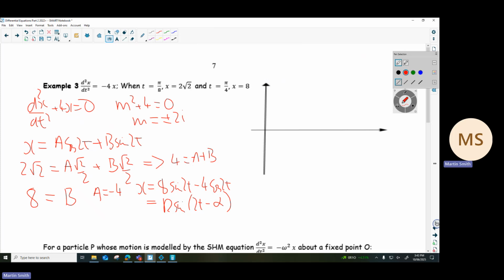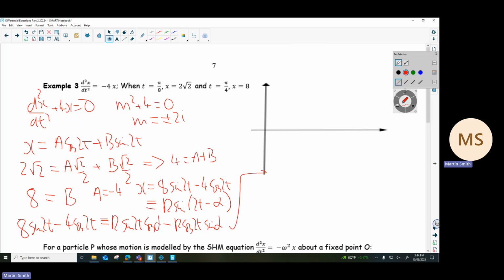So by some standard A-level math stuff, this means that we're going to get 8 sine 2t minus 4 cos 2t is equal to, if you expand that using sine A minus B, r sine 2t cos alpha minus r cos 2t sine alpha.